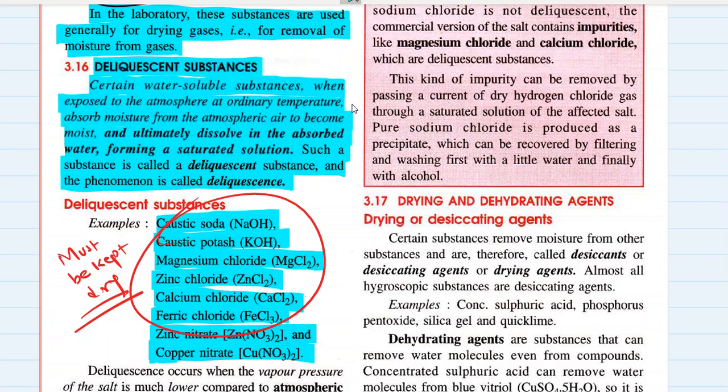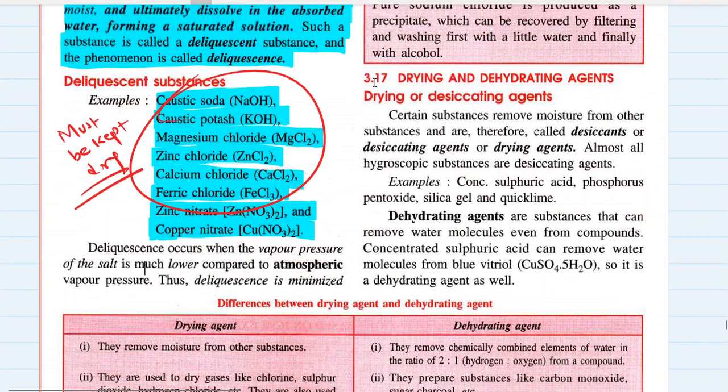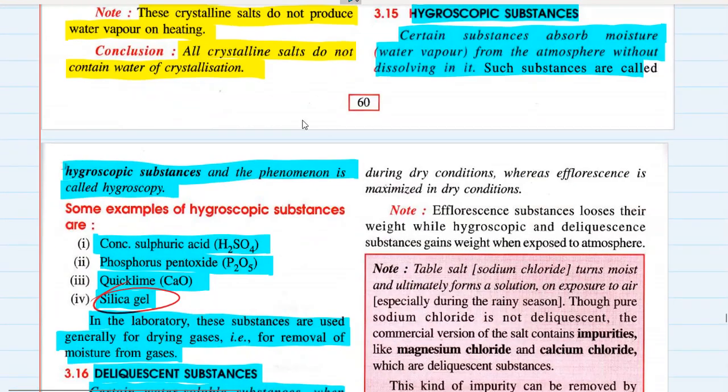They become watery. Okay, deliquescence occurs when the vapor pressure of salt is much lower as compared to atmospheric vapor pressure. So deliquescence is minimized during dry conditions, whereas efflorescence is maximized in dry conditions.